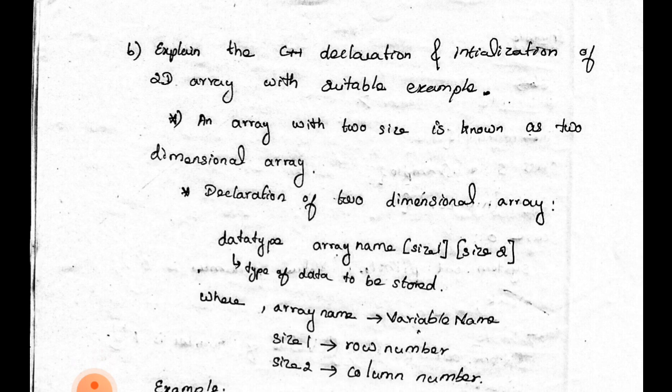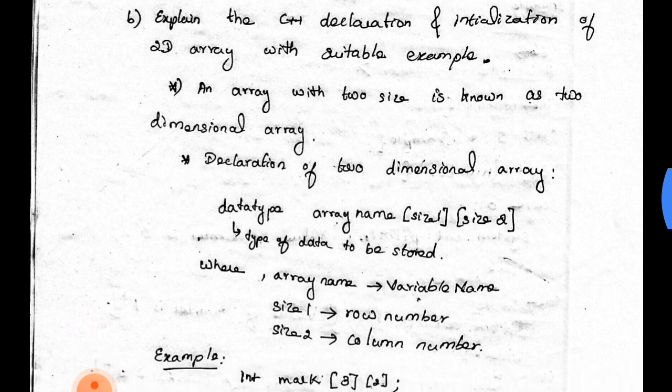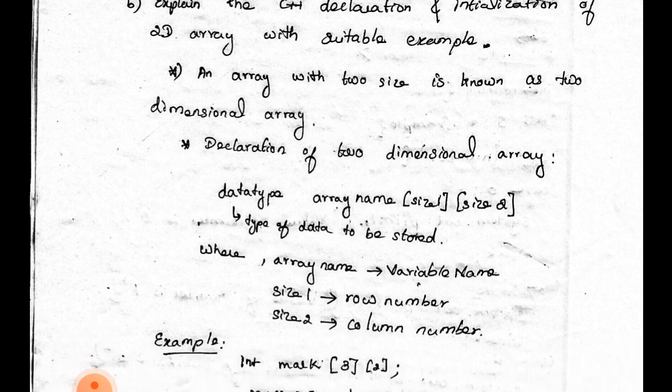A two-dimensional array is declared as first data type. Data type means what type of data we want to store. Then array name, we give the name for that array. Then size 1, size 2. Here we use 2D, so we use size 1 and size 2.